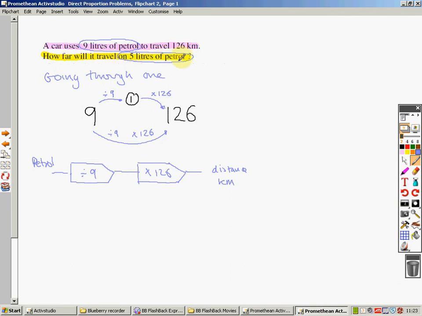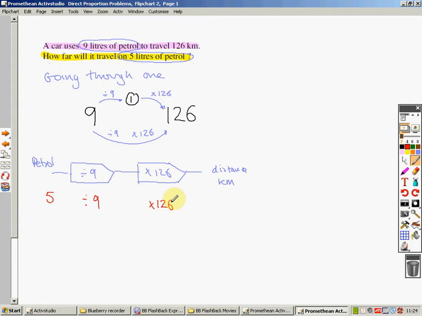So I now know I have 5 litres of petrol. So all I have to do is feed 5 into there. So it's 5 divided by 9 times by 126 will give out the distance I have to go. Now I'm going to use a calculator for that.